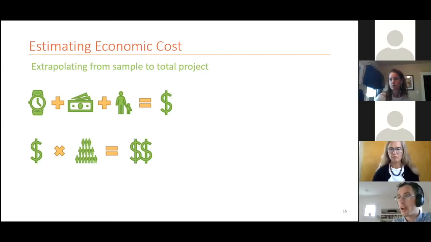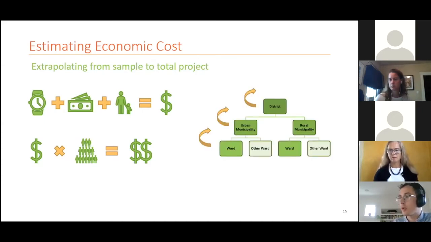You multiply by the average total economic cost for the activity per beneficiary in that setting to arrive at a total economic cost. You repeat this process for each type of project volunteer, government partner, and type of beneficiary, anyone incurring costs that's not reflected in your financial data. And as you do this, what you're effectively doing is extrapolating up from your qualitative sample to arrive at a total cost for the overall project.